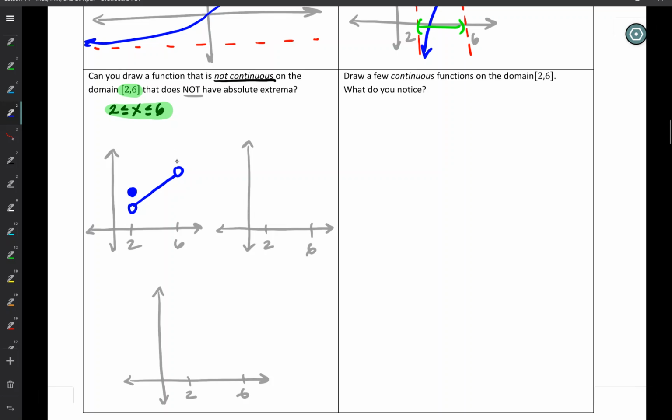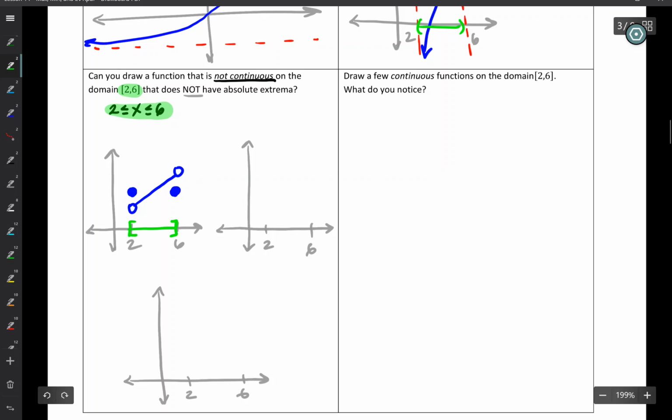Similarly, I have to send 6 somewhere. I don't want to send 6 up here, because then I'd have an absolute max. I don't want to send 6 down here, I'd have an absolute min, but something like that would work, since your domain is including the endpoints.